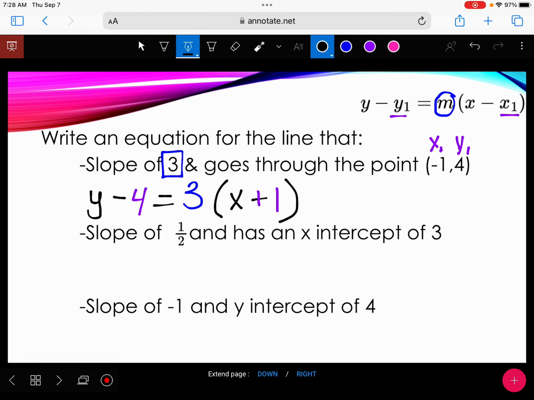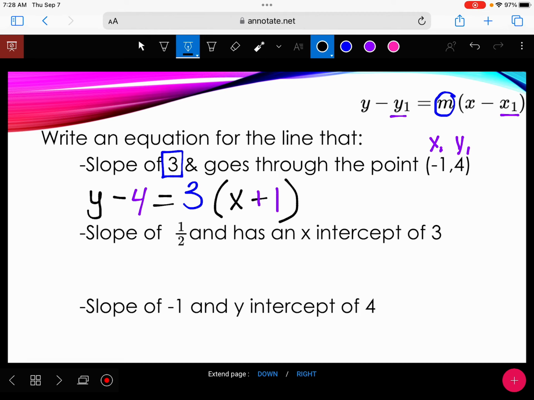Next one doesn't look like they gave us a point. Oh. It says we have a slope of 1/2 and an x-intercept of 3. Is that enough information to be able to write this as an ordered pair? Think about an x-intercept. It has a y of 0. We know an x-intercept is somewhere on my x-axis.